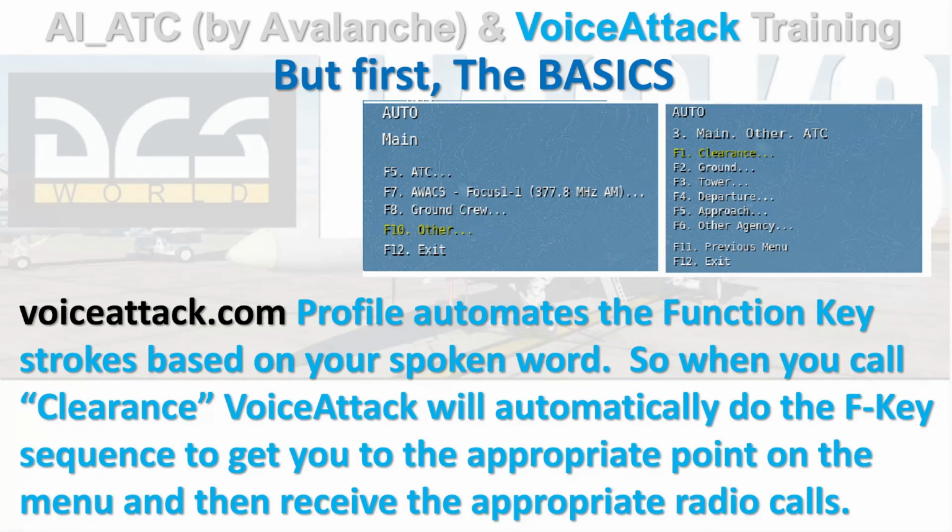Okay, so it actually functions kind of like in real life. When you key the mic, you make a radio call, VoiceAttack will do all of the function keys, and then you'll get a response back from the AI air traffic controller, and it'll actually sound and kind of feel like you actually did it in real life, the way we normally would do it in real life.